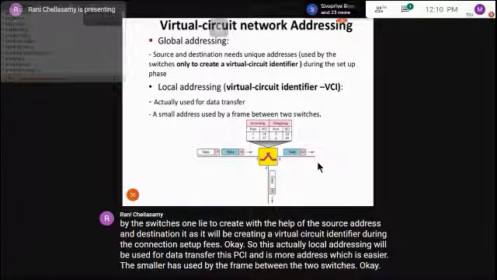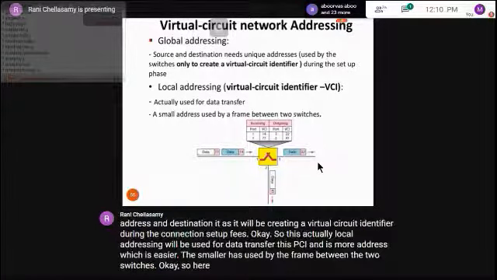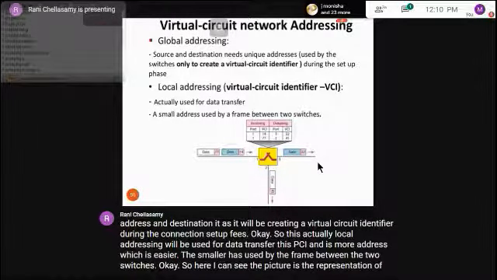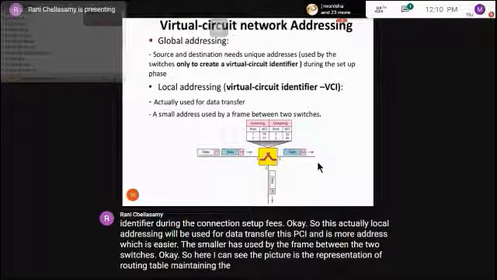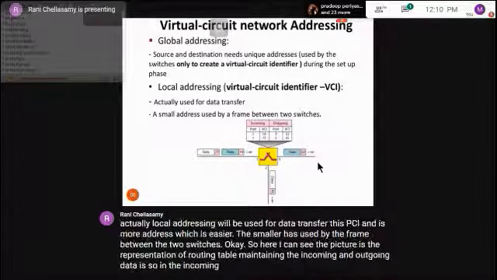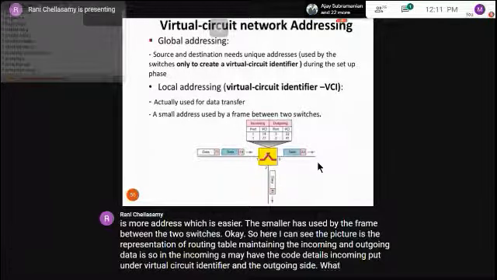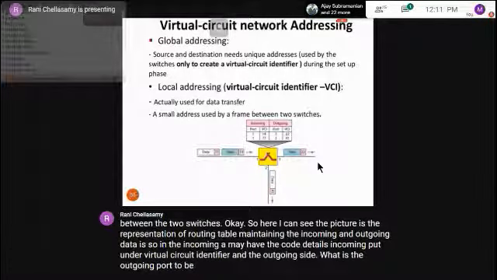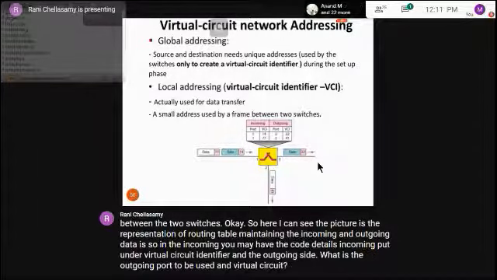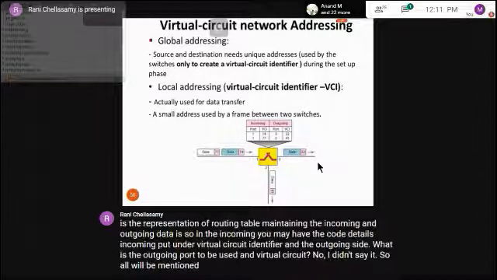Okay. So here you can see the pictorial representation of the routing table, maintaining the incoming and the outgoing details. So in the incoming, you may have the port details, incoming port, and the virtual circuit identifier. And in the outgoing side, what is the outgoing port to be used, and the virtual circuit identifier. So all will be mentioned in the routing table.